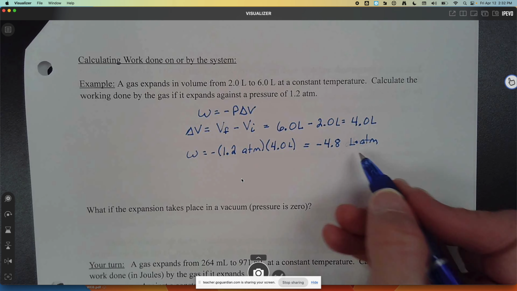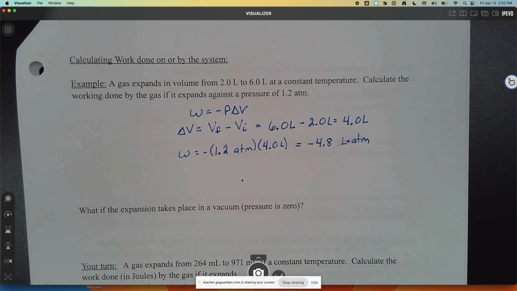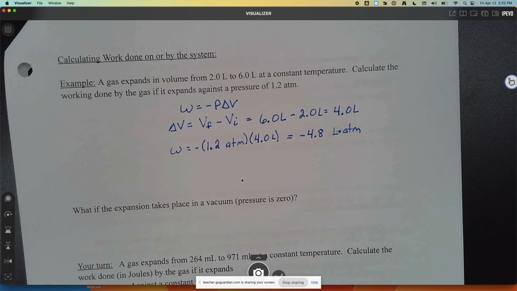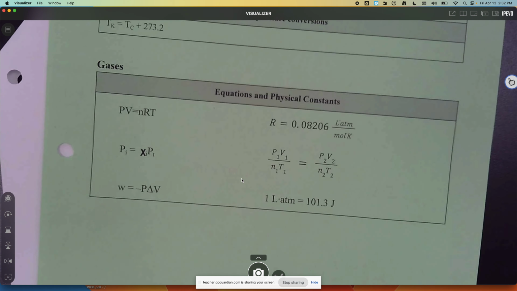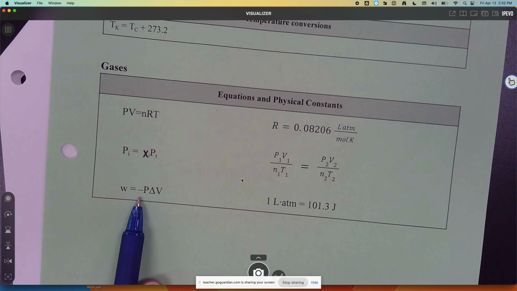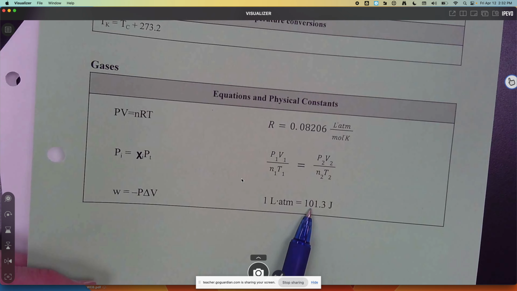Now, this liters times atmospheres set of units isn't going to be remarkably useful because working's partner is heating, and heating carries energy of joules. So we don't want to have to add these two things together and have them in different unit systems. So one of the things on your resource sheet this time around, right next to the working formula, working is the opposite of pressure times the change in volume, and 1 liter atmosphere is 101.3 joules.